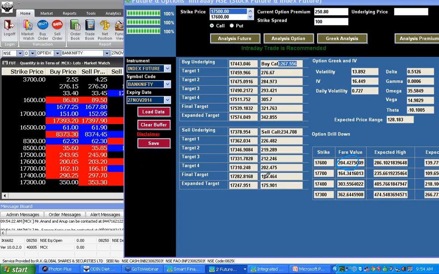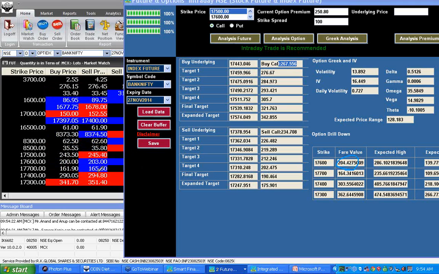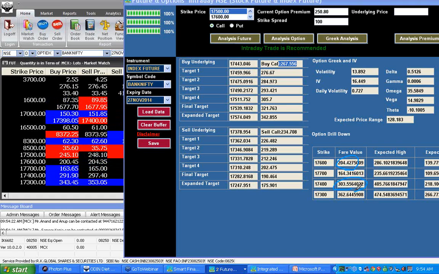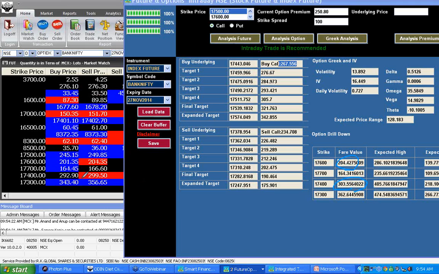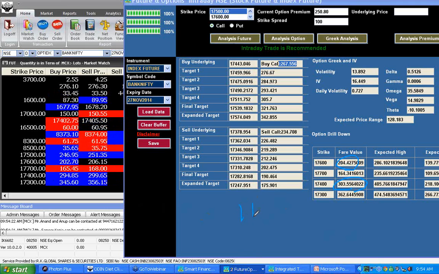17,700 at 164 is also almost at a fair value. The 17,400, which was supposed to trade at 304.55, is at 192. So 11 rupees less value is present in 17,400.